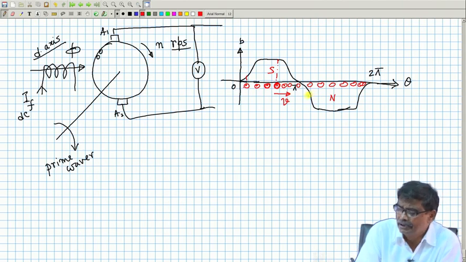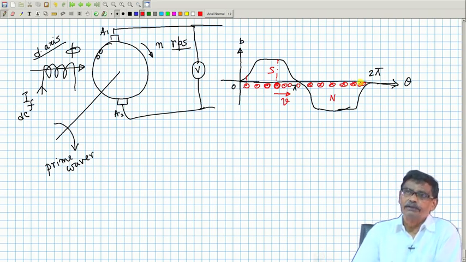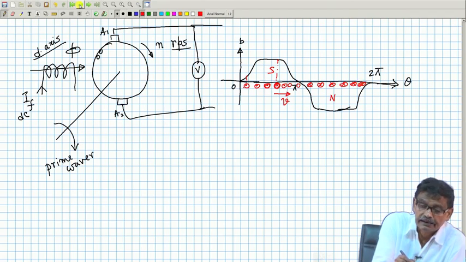And similarly you can easily see it will be cross here, the polarity of the induced voltage, they will be additive.